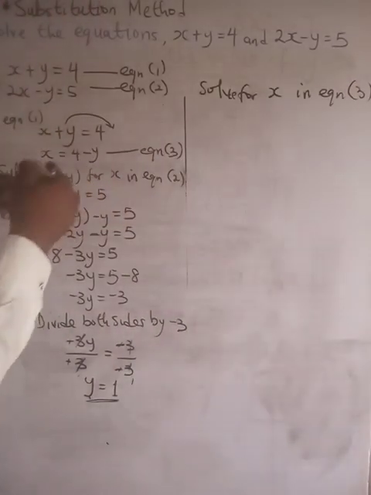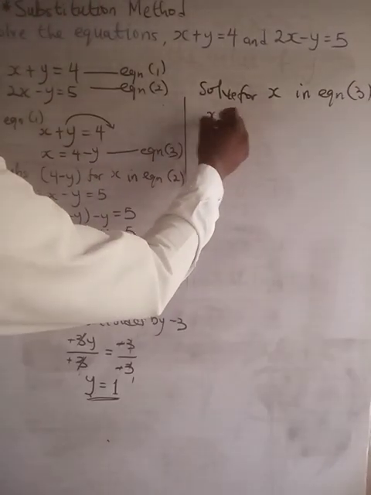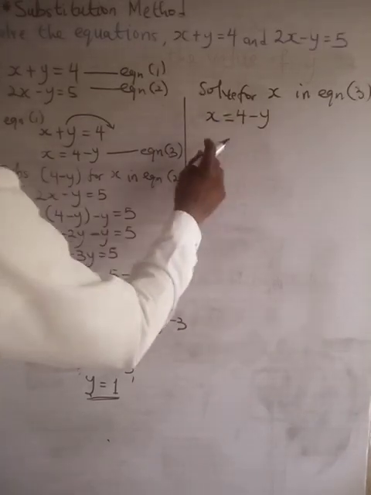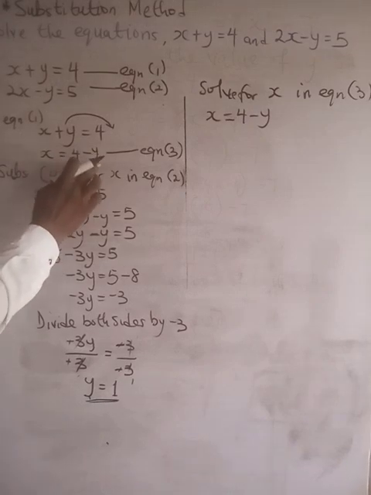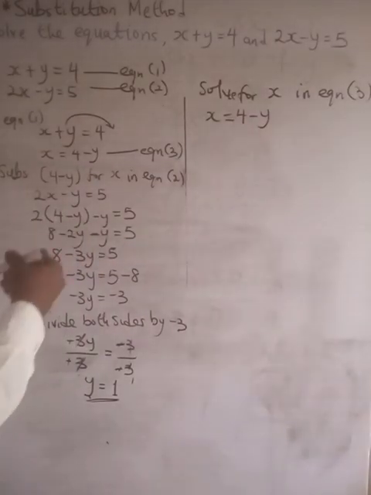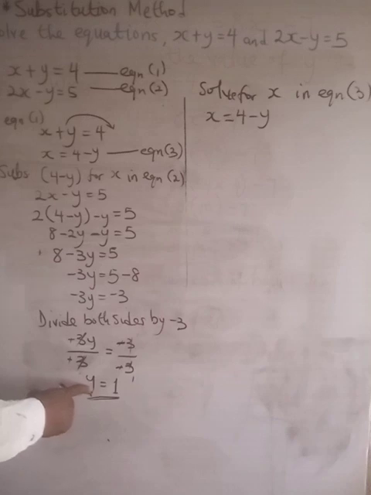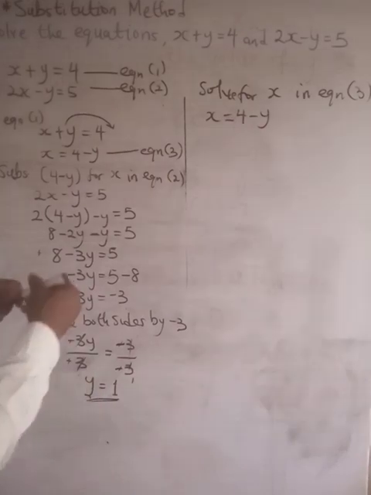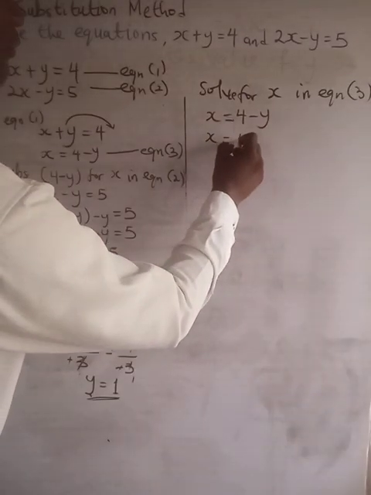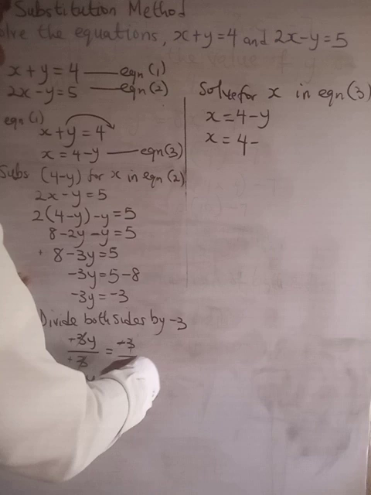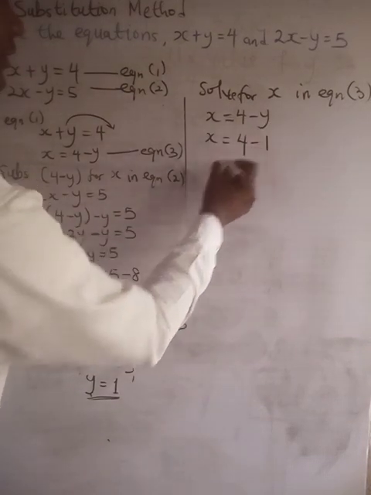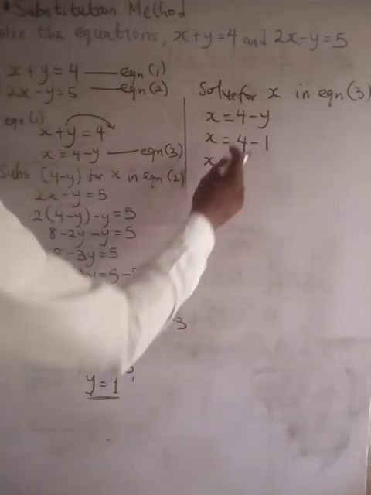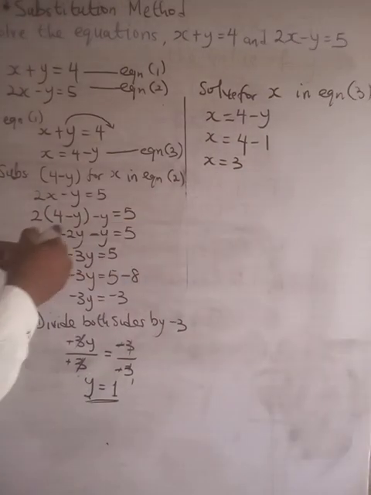The equation 3 that we formulated was x equals 4 minus y. That is what was formulated here. So we now take y to be 1 as shown in the first solution. So we have x equals 4 minus y, which is 1, so x equals 3. 4 minus 1 equals 3.